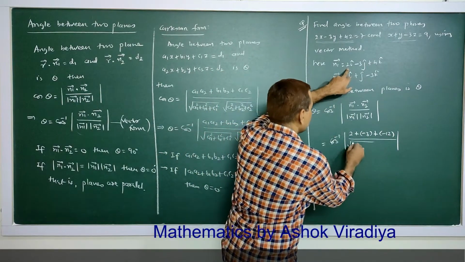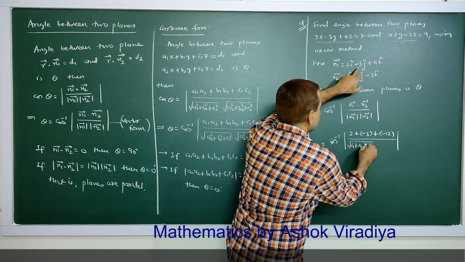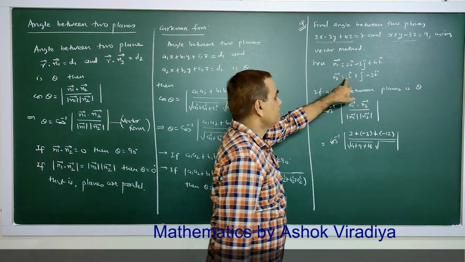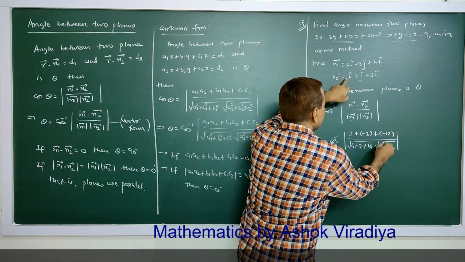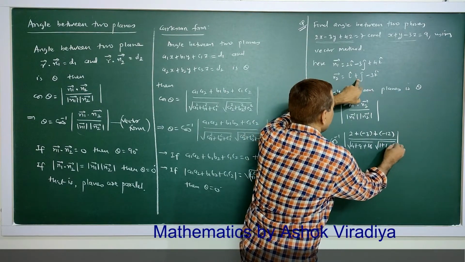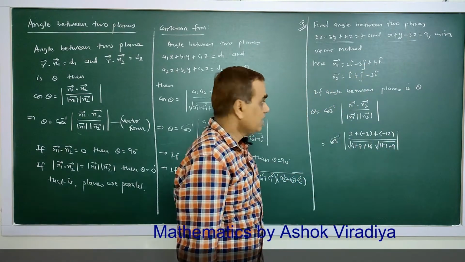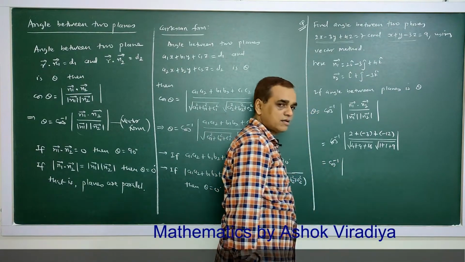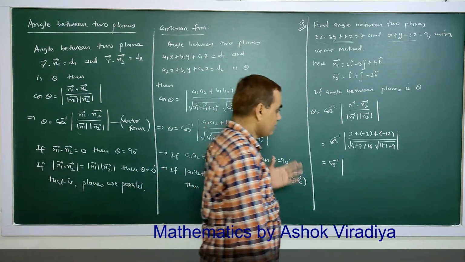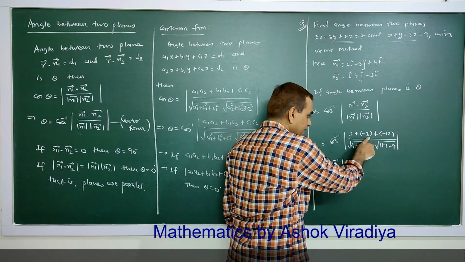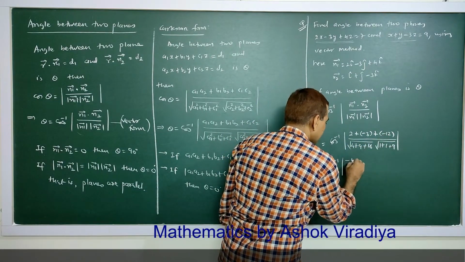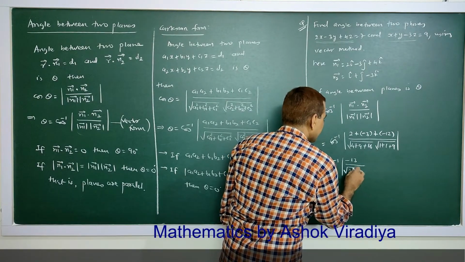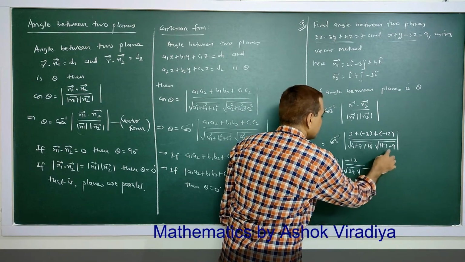Magnitude of n1 is square root of 4 plus 9 plus 16, into square root of magnitude of n2, so 1 plus 1 plus 9. That is cos inverse of modulus of 2 minus 3 is minus 1, minus 1 minus 12 is minus 13, upon square root of 29 into square root of 11.